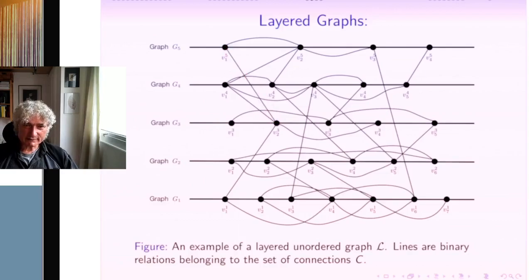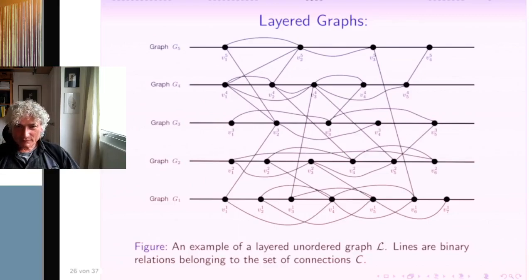But notice that there is no construction being a set of or something like that. So here in this picture, every connection you see is just a binary relation. Okay.